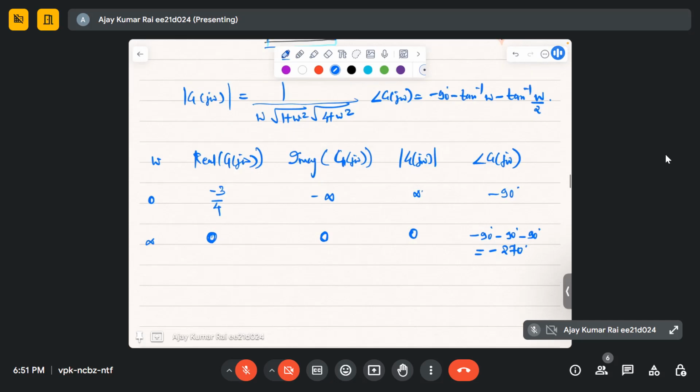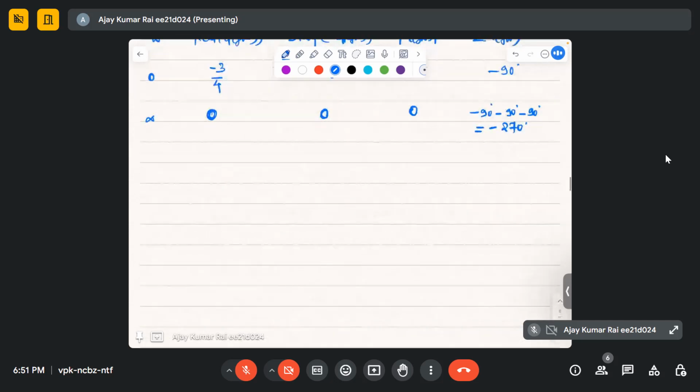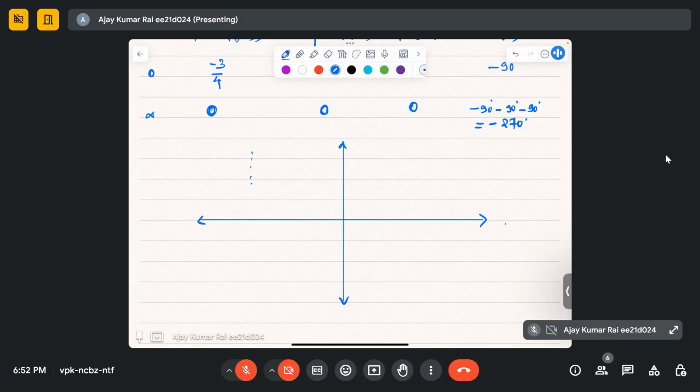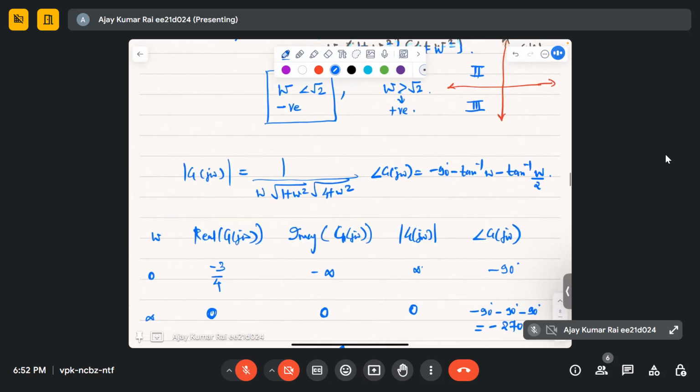Okay, so we have two conditions. Let's plot the Nyquist plot. For omega equal to 0, we had this condition. We know the Nyquist plot is going to lie in the second and third quadrant, because it depends on omega equal to root 2.